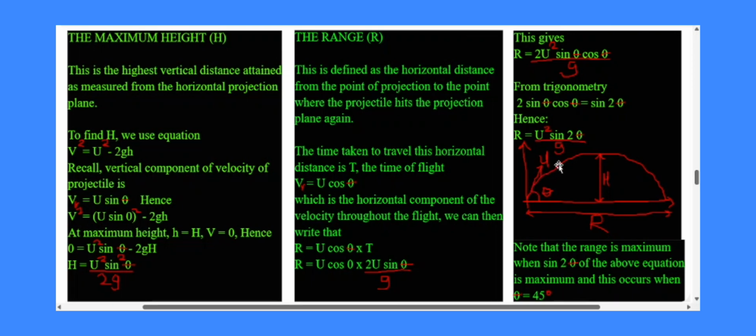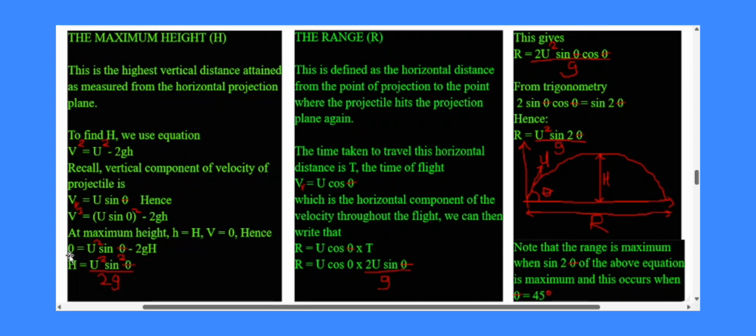That velocity keeps decreasing as it's going up until it gets to the maximum height, where the velocity becomes 0, and then it starts to come down. As it's coming down, the velocity begins to increase from 0 to the maximum just before the object drops to the ground. So velocity is 0 at the highest point.